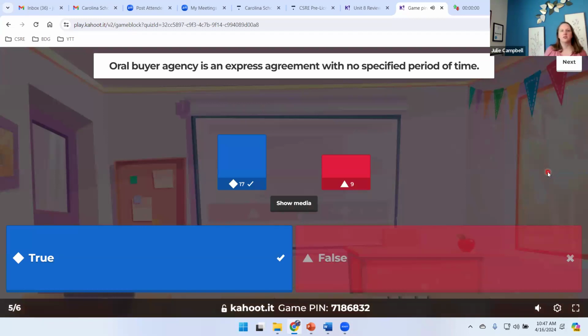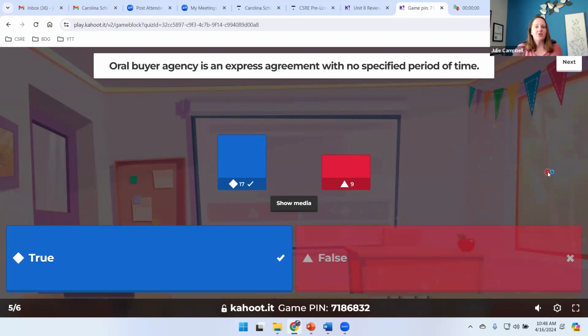What's it mean to be express? If something is express, it means that the terms have been clearly stated. Maybe those terms have been stated orally. Maybe they've been stated in writing. Doesn't matter. Express means the terms have been clearly stated.